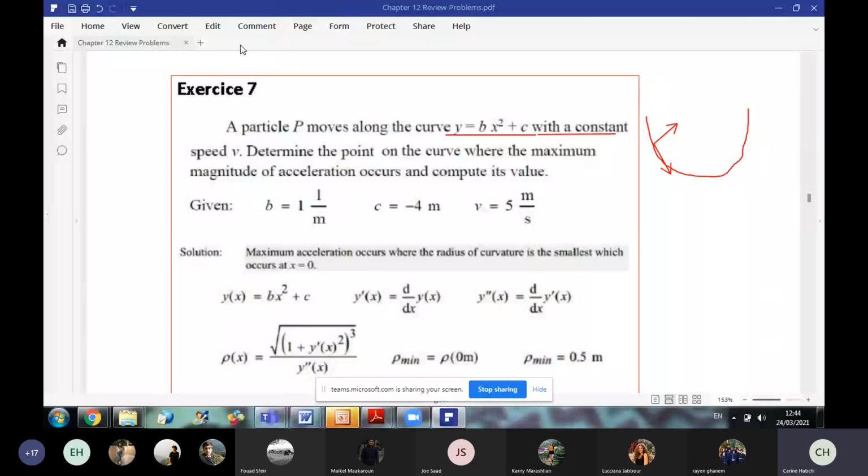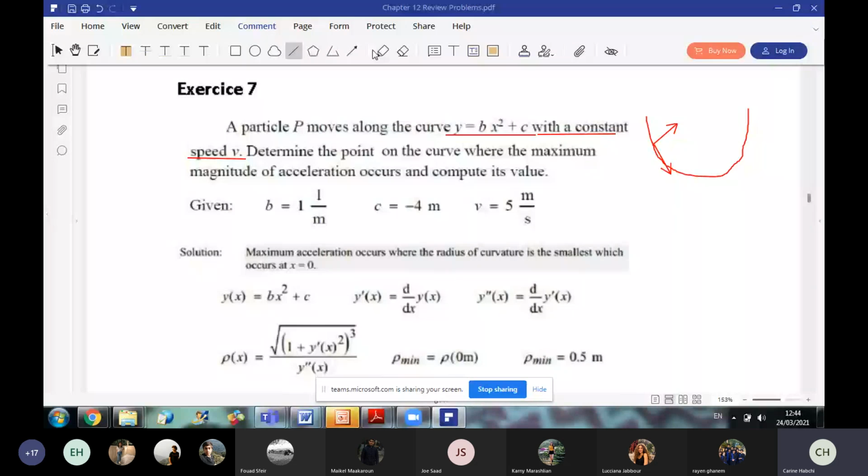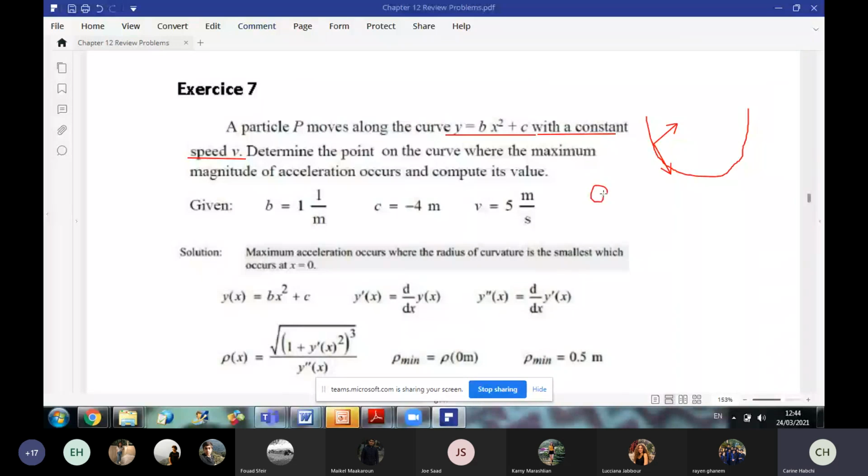Because the speed is constant, we can deduce that the tangential acceleration is 0, because by definition the tangential acceleration is dv by dt. Since we have constant velocity, the tangential acceleration is 0, and the acceleration in this problem is restricted to the normal component of acceleration.